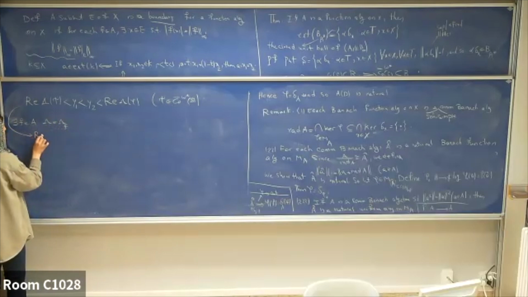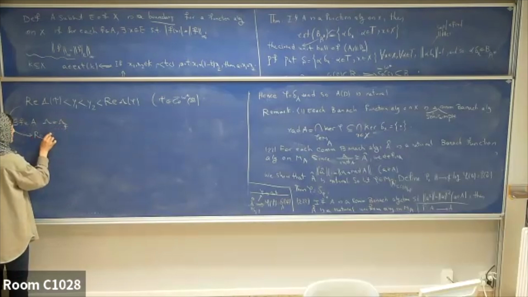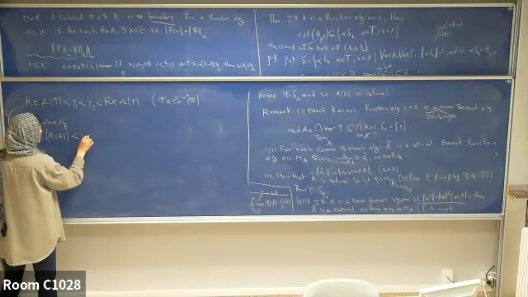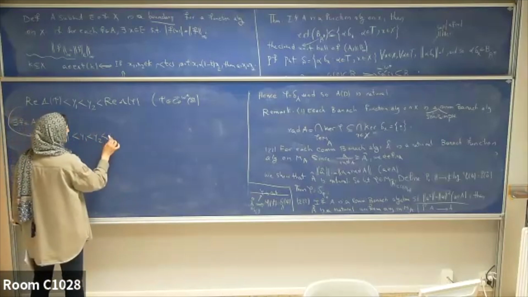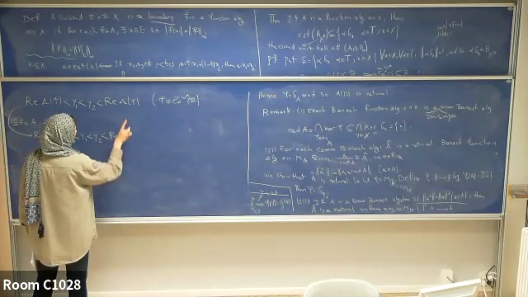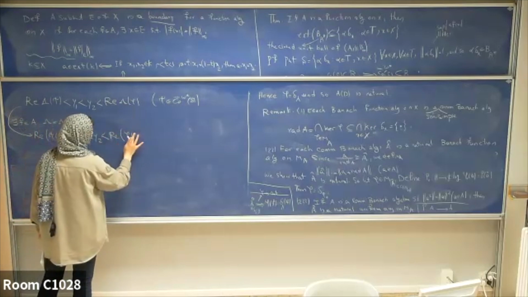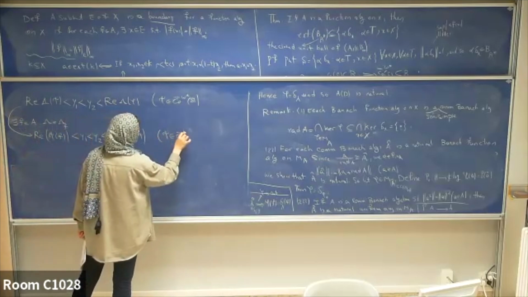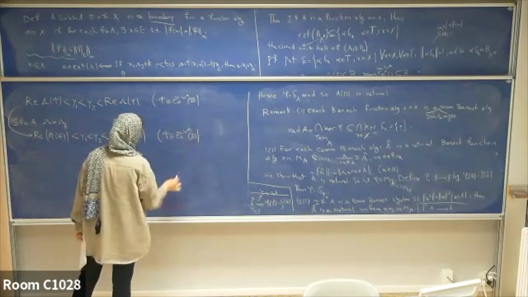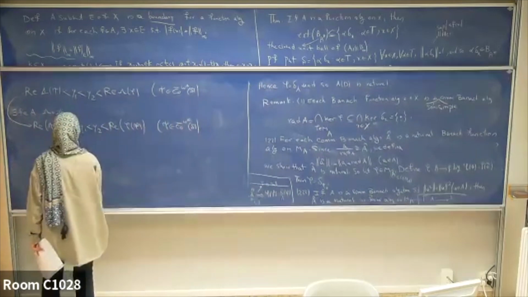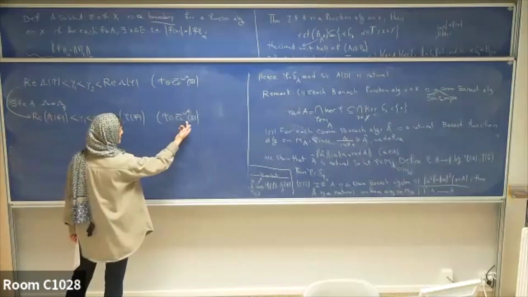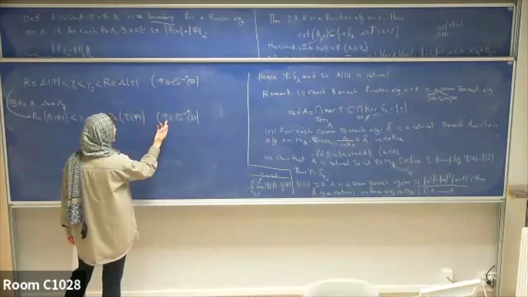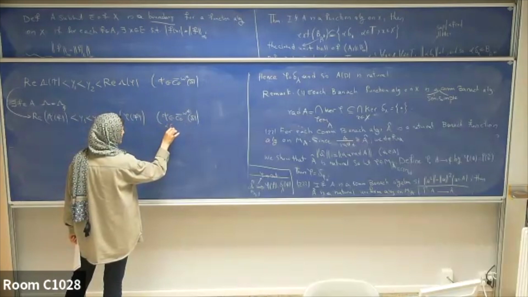It means that the real part of psi of f is less than gamma 1, gamma 2, and again real part of phi of f, for each psi in the closed convex hull of S. S is a subset of this set, so we apply this relation for elements in S, which are alpha delta x.